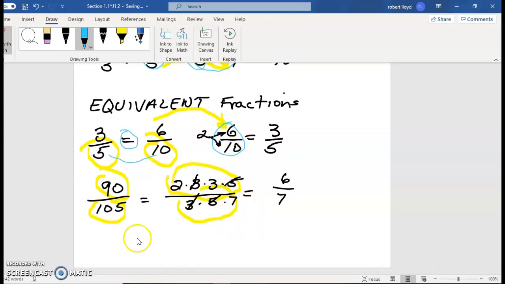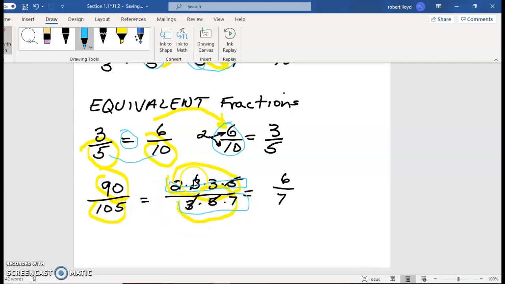Now, if you're dealing with big numbers and you want to see if it's reducible, the best thing to do is to put the numerator and denominator into primes. So 90 becomes 2 times 3 times 3 times 5, and 105 becomes 3 times 5 times 7.